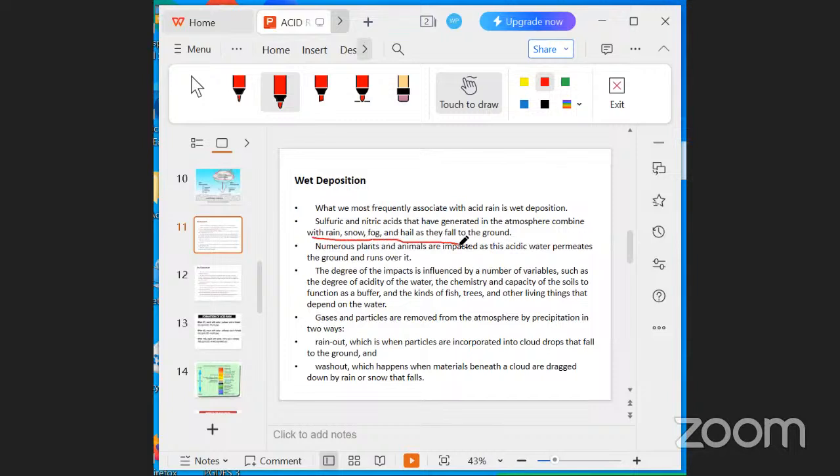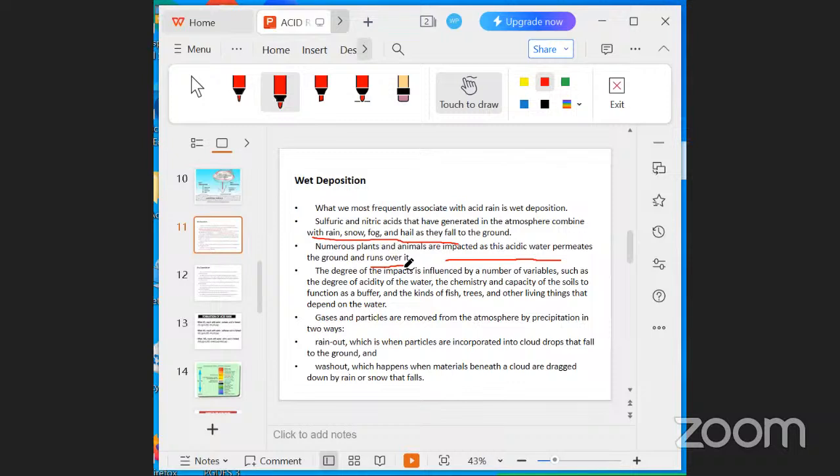So as they fall to the ground, numerous plants and animals are impacted as this acidic water permeates the ground and runs over it.